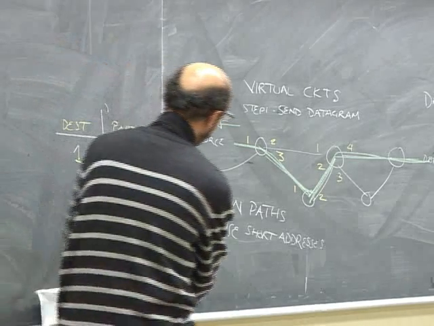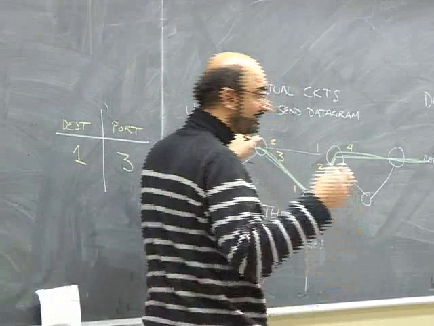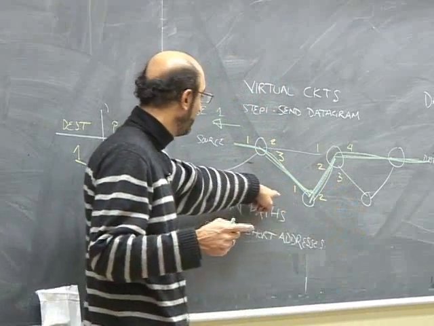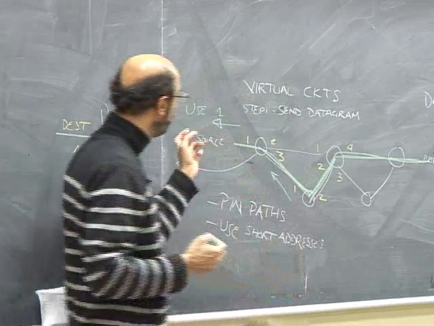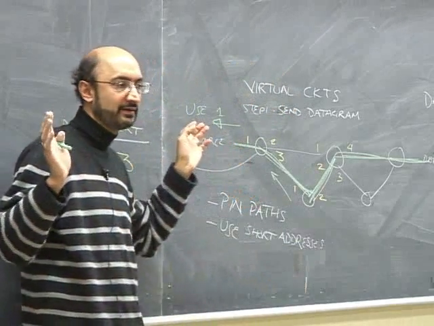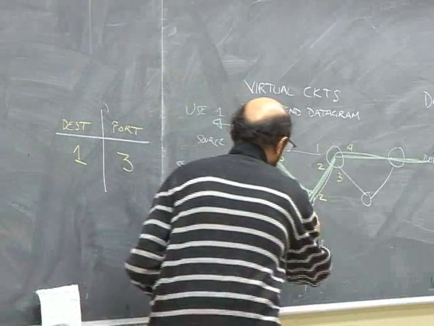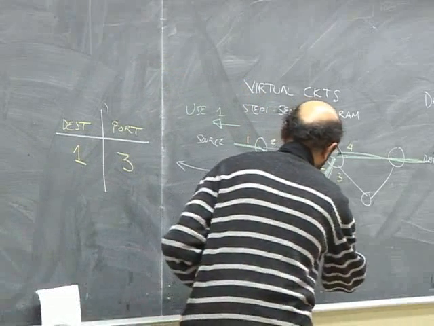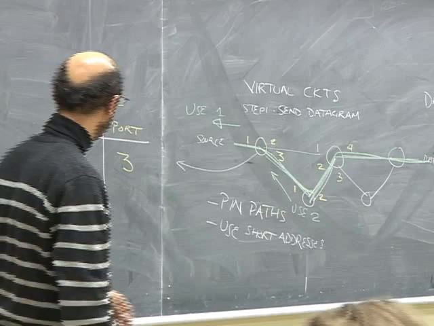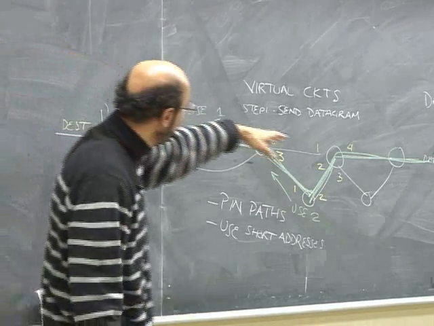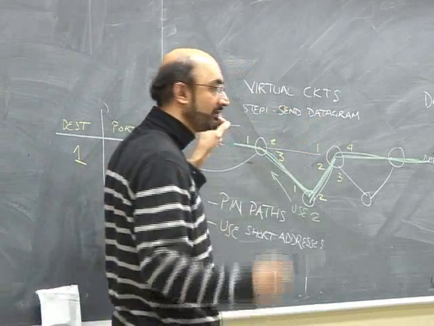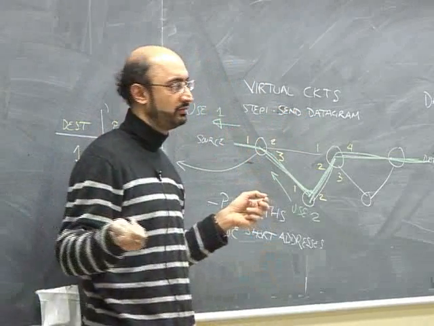The next step, what happens is that this router is going to send the same datagram onwards to this guy over here, and this guy is going to say, hey, you know what? I'm already using 1 for somebody else. I'm saying use 2, for example. That means if you want to get to this destination over there, just make sure that you're sending in the header the number 2.